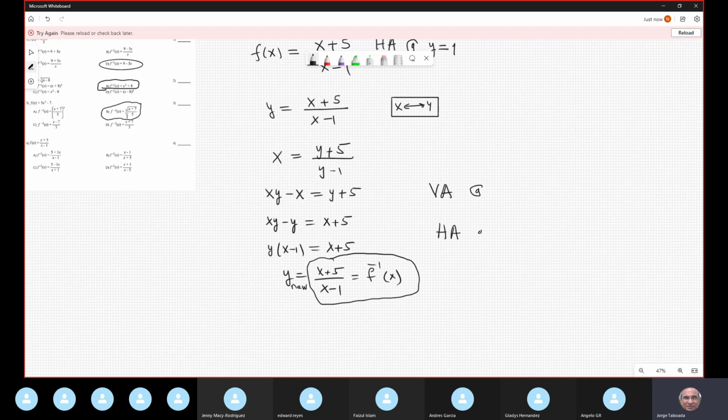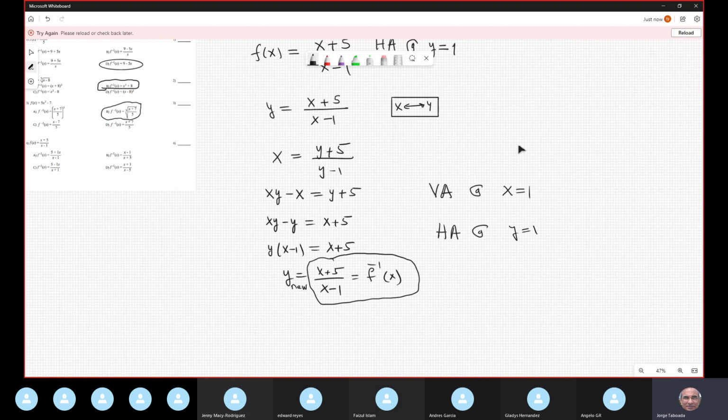At what value is the vertical asymptote? It is at x equal 1. Okay, you take the denominator equal to 0. And the horizontal asymptote? The horizontal asymptote is again at 1, no?